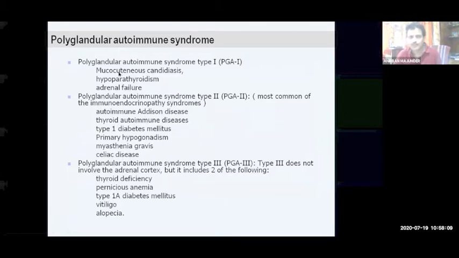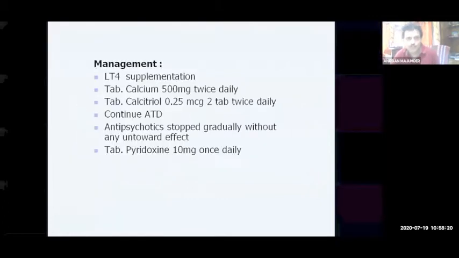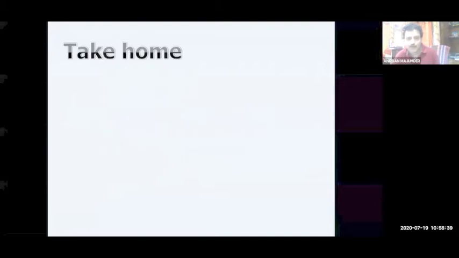So this patient had mucocutaneous candidiasis, hypoparathyroidism, and an autoimmune thyroid disease, indicating that possibly we are dealing with polyglandular autoimmune syndrome. So we treated this patient with levothyroxine therapy, calcium, and calcitriol, with continued anti-tubercular drug. The antipsychotic drug was gradually withdrawn without any untoward effect, because hypocalcemia was responsible for all kinds of problems, and we continued with the pyridoxine.